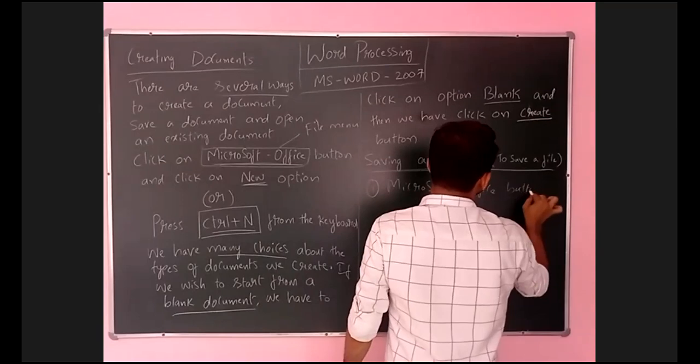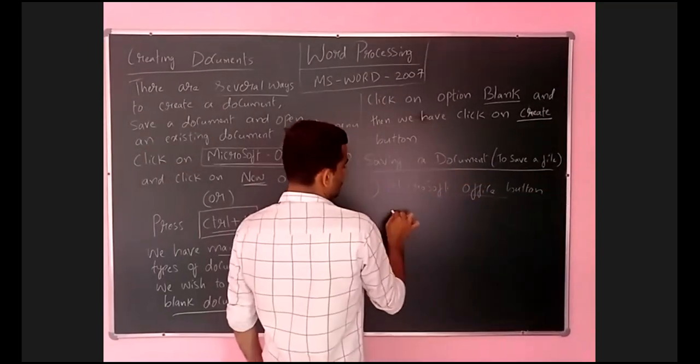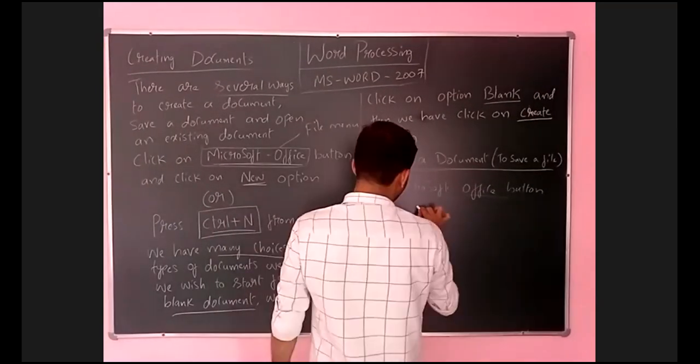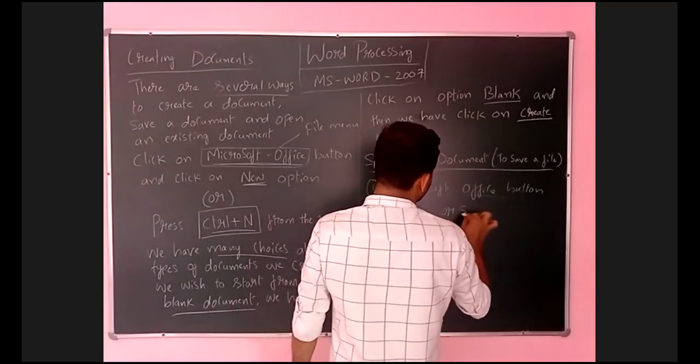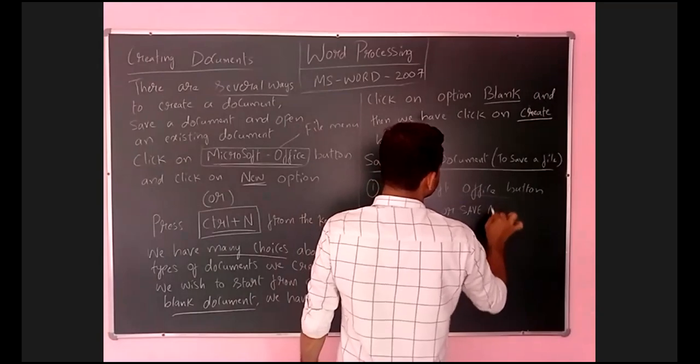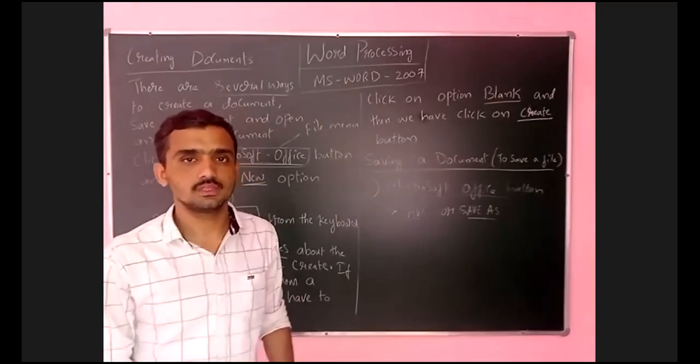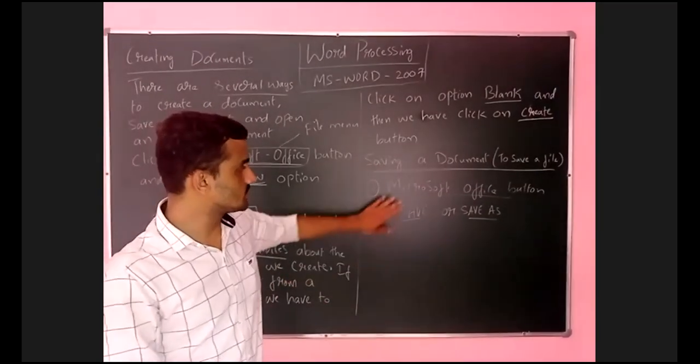Here we can select either Save or Save As. There are two things here, Save and Save As. You can go for any option to save the file. So this is one way.